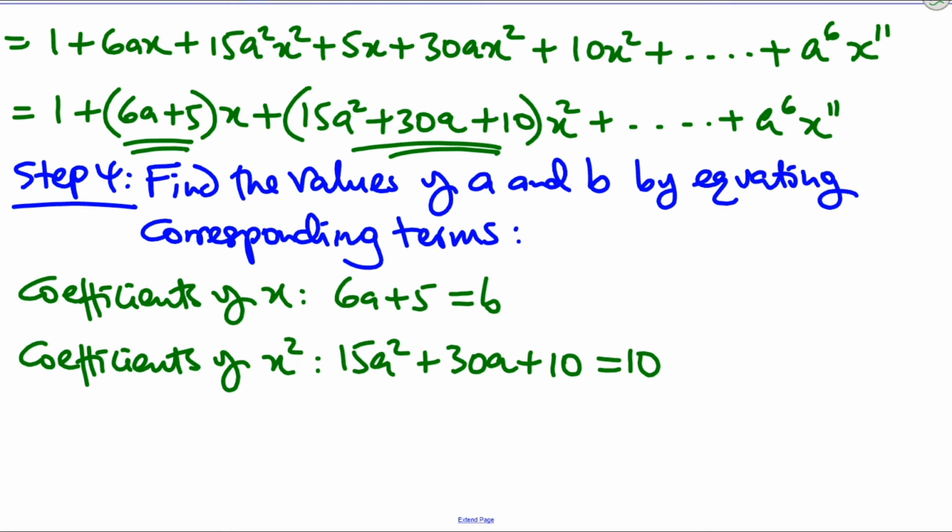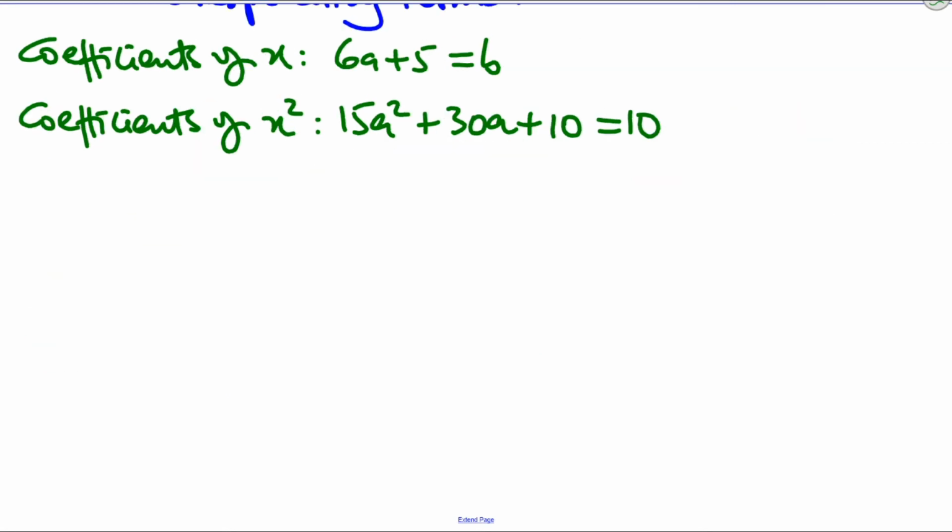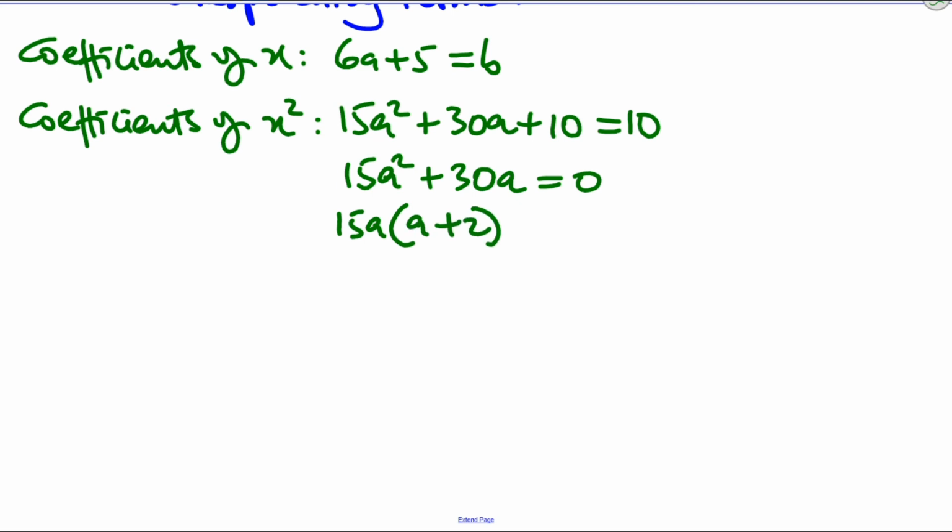Now our goal, remember, is to find the values of a and b. So we just need to solve this equation. 15a squared plus 30a will be equal to 0. Let's factorize out 15a, so that will be a plus 2 is equal to 0. So either a is equal to 0 or a is equal to negative 2.